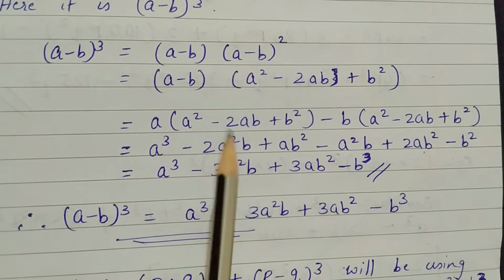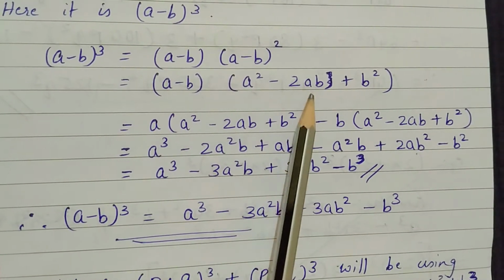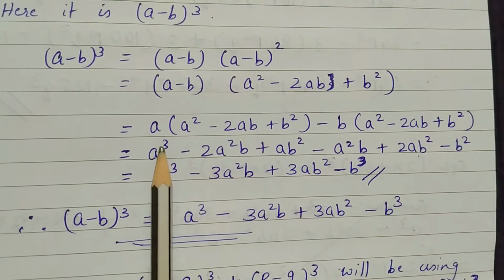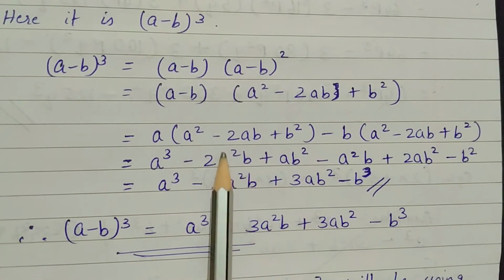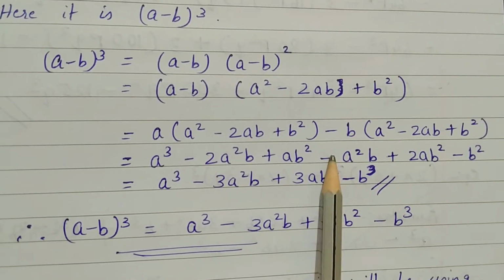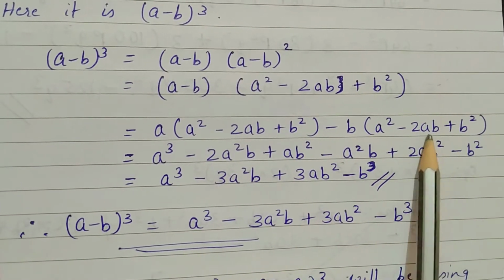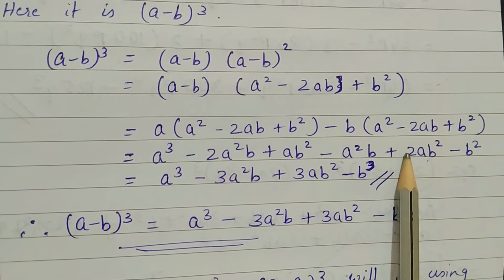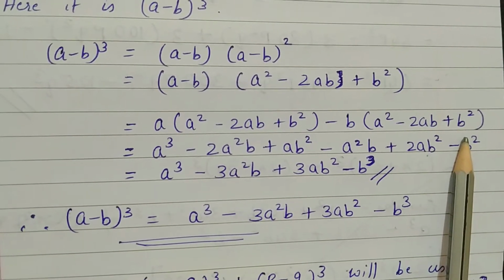So this bracket will be multiplied with this bracket. So that will be a multiplied with a square minus 2ab plus b square, minus b, again multiplied with the second bracket, a square minus 2ab plus b square.